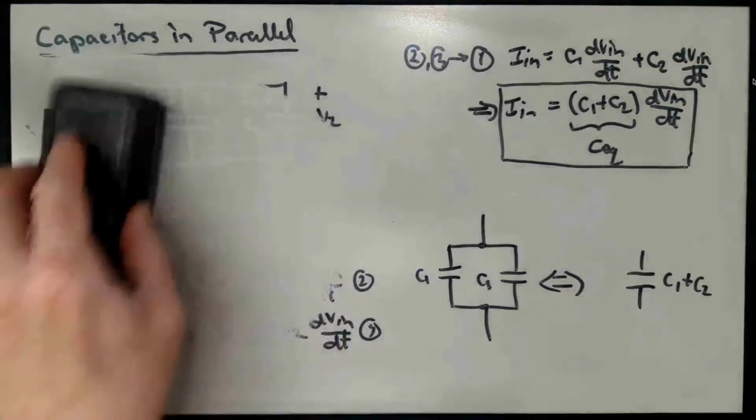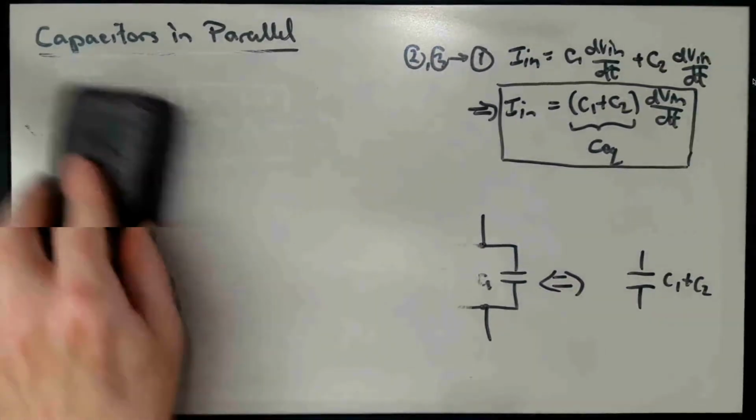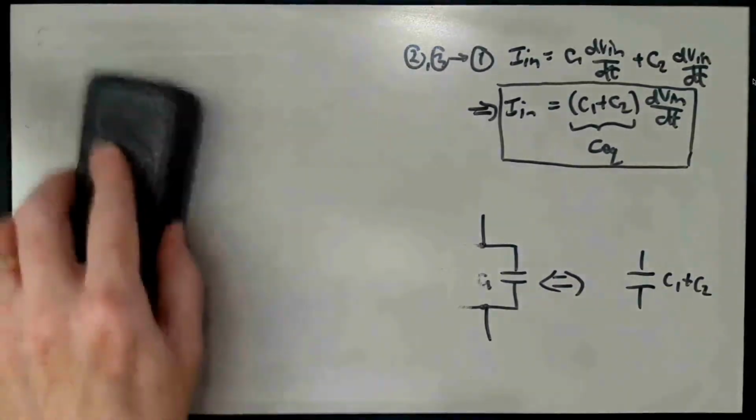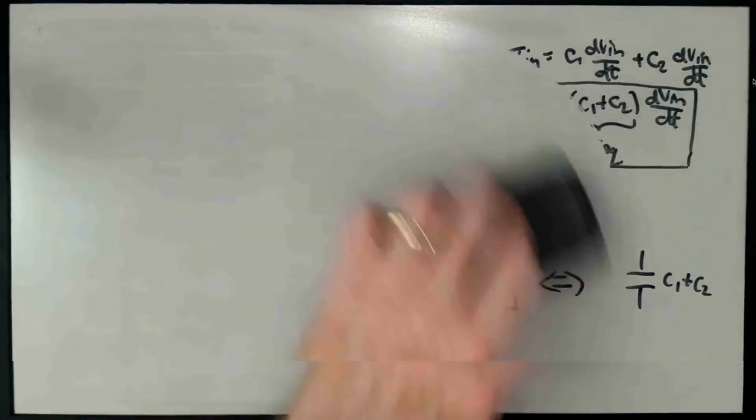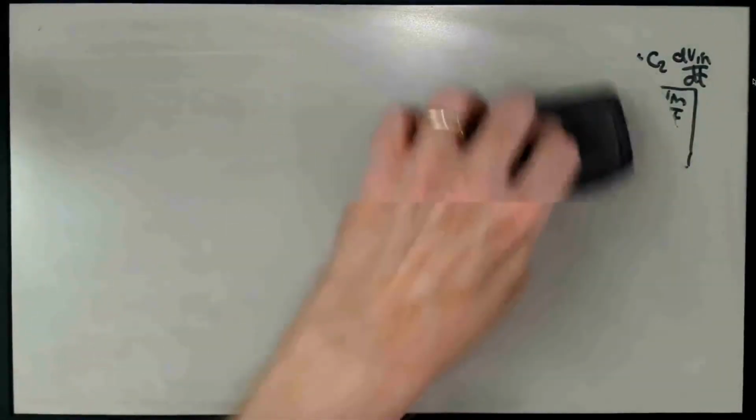Okay, so I want to consider one capacitive circuit which will be useful in a number of different contexts. That's a capacitive linear combiner.